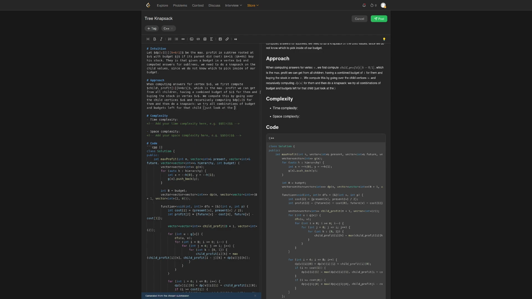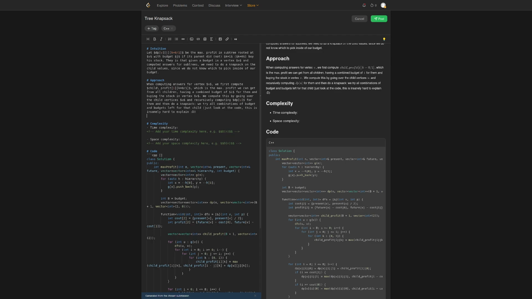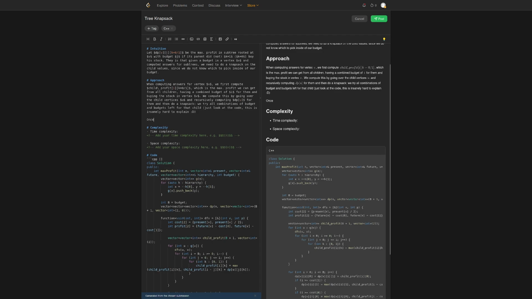Just a look at the code. This is insanely hard to explain. Once we have computed a child profit, we can compute, but I'm not gonna cook anything.